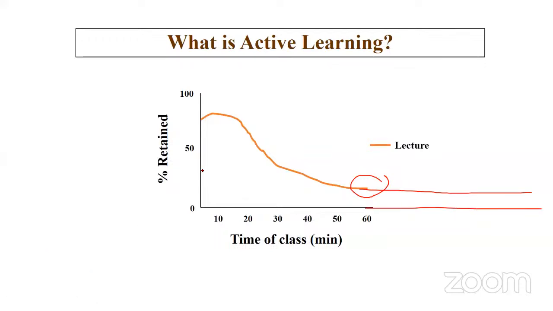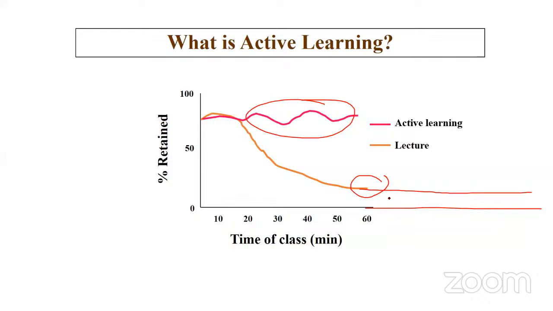However, if you see the second curve, the curve for active learning, the retention rate is almost constant throughout the learning hour of 60 minutes, and it's nearly 75 to 80% with small oscillations.